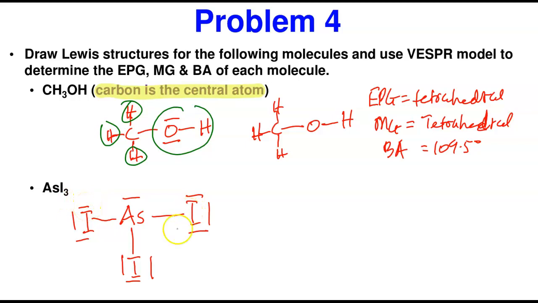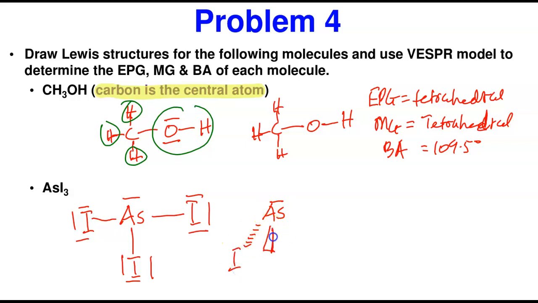What it means is that there are 4 things attached to this central atom, and because of that, the EPG is going to be tetrahedral. However, the lone pair is going to change the name to a different molecular geometry, and that is going to be a trigonal pyramid. If you draw the new molecular geometry, you're going to have something like this.